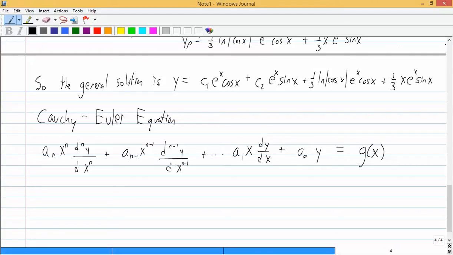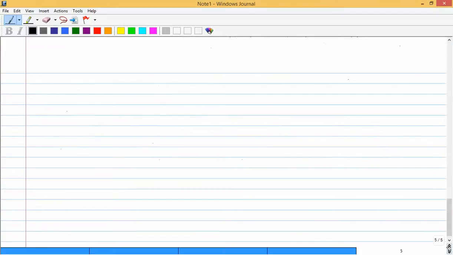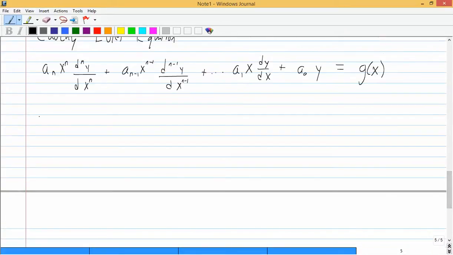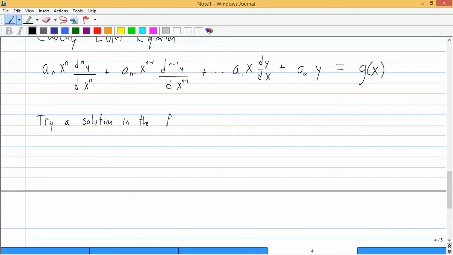Alright, so if we were to try a solution in the form y equals x to the m power, where m is what you're trying to find, those m's, remember? That was with our auxiliary equation.